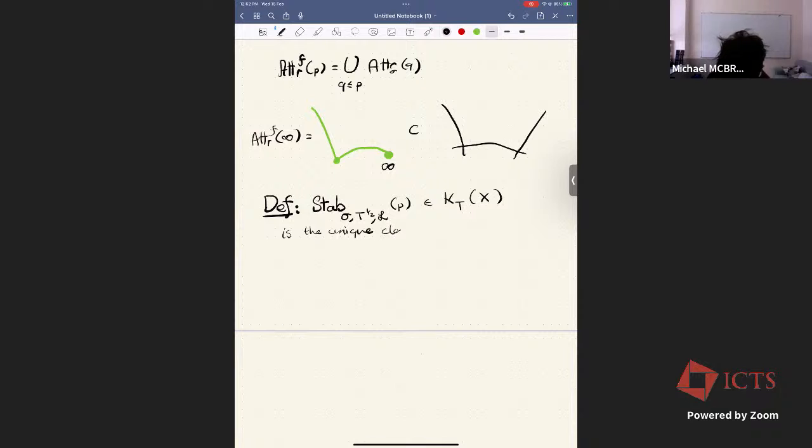It's a unique class such that, number one, it is supported on the attracting locus of P, on the full attracting locus. Loosely speaking, it's some sort of rank 1 sheaf on this attracting locus.